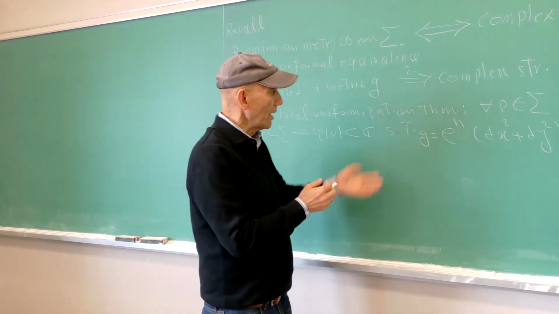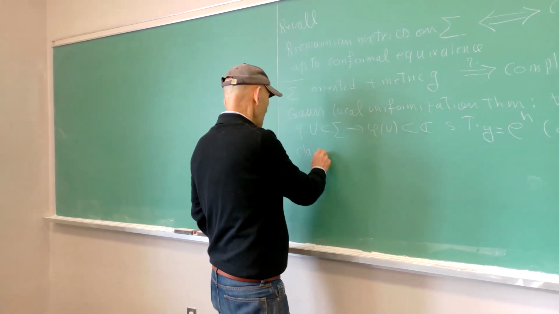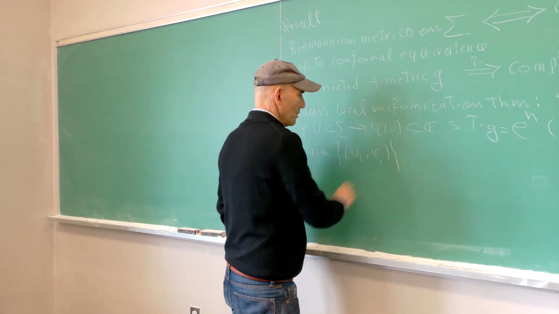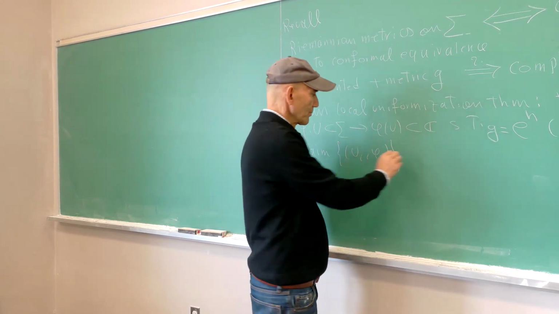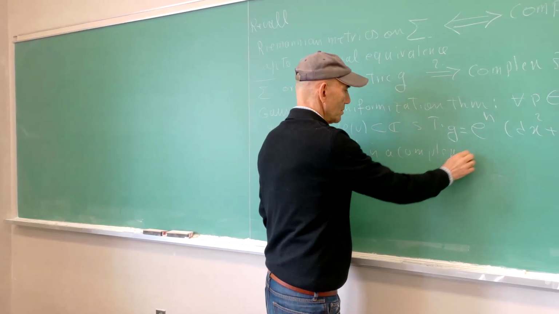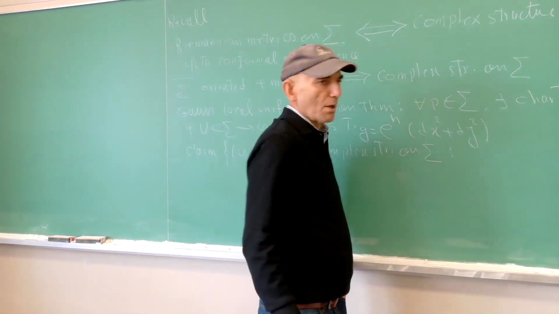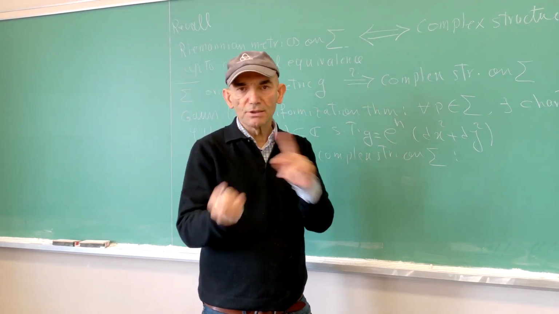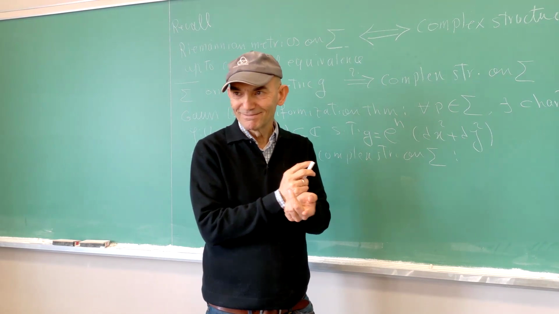Okay? And I claim that these charts U_i, phi_i actually define a complex structure for sigma. By this, I mean that if we study the transition functions of these charts, they're going to be holomorphic maps.